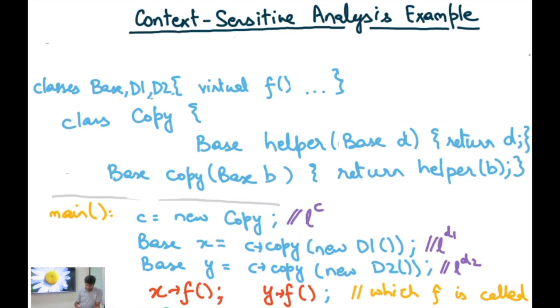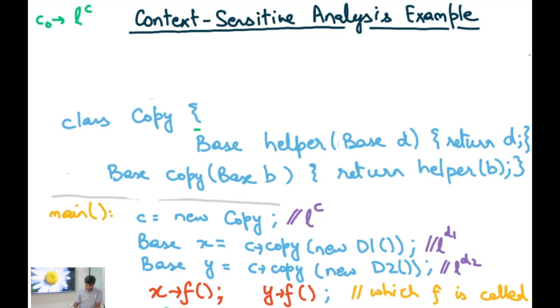So once again, I label all these allocation sites and call sites as LC, LD1, LD2, and I start drawing my points-to graph by transferring over each of these statements. Once again, by virtue of the first statement, C0 can point to LC, because I'm analyzing main in context 0. Actually, I should have said LC0.